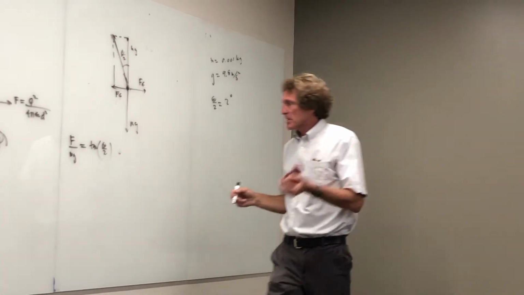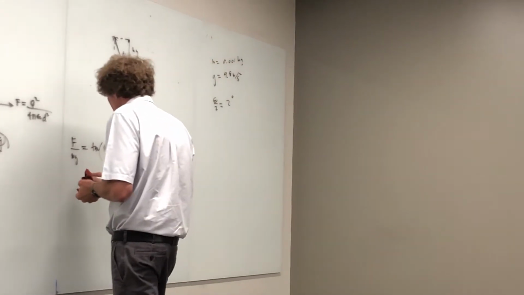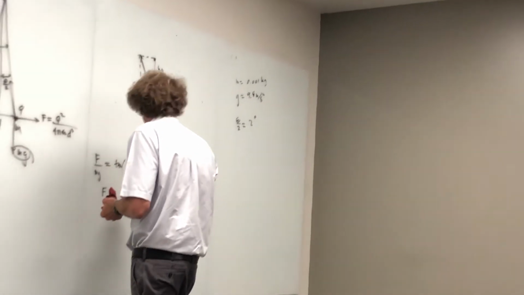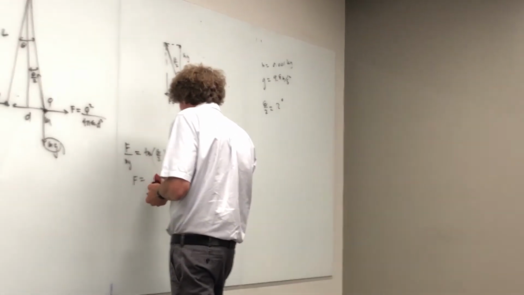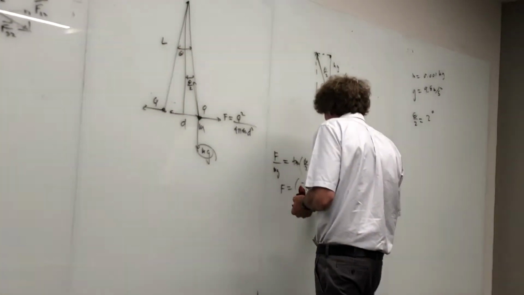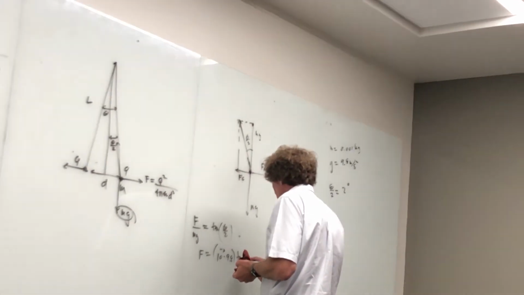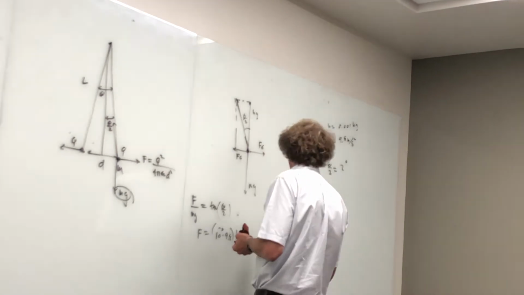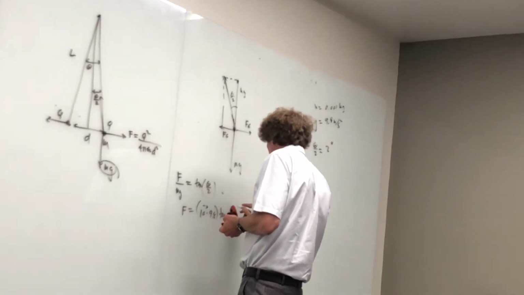So can you guys get your calculators out and just give me what the actual force is? That would be M times G, or it's really 10 to the minus 3 times 9.8. Then it's going to be the tan of theta over 2, so it would be 1 degree.